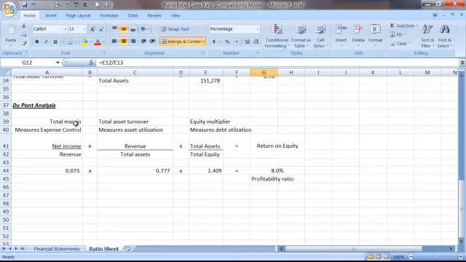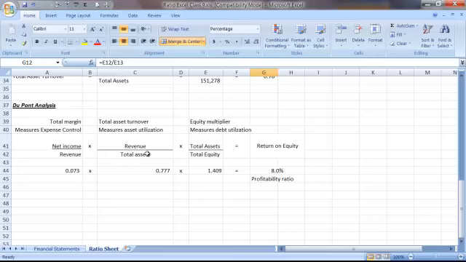So again, your total margin measures your expense control, and in our case, it was 0.073. Return on our net income based on our return on revenue was a pretty decent amount at 0.073 or 7.3%. Total asset turnover, that measures how well you're utilizing your assets.